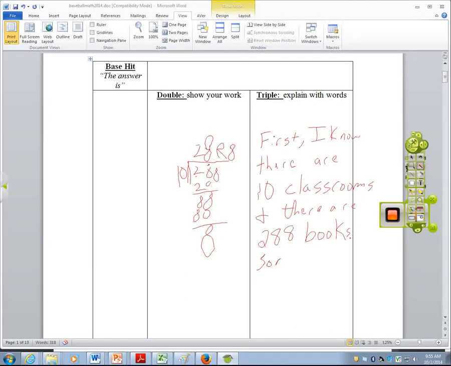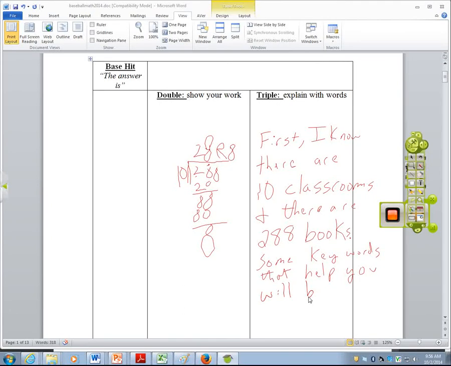Yeah. Some words that can help you know that it's a division problem are how many will be left over, or evenly distributed, or equal share.